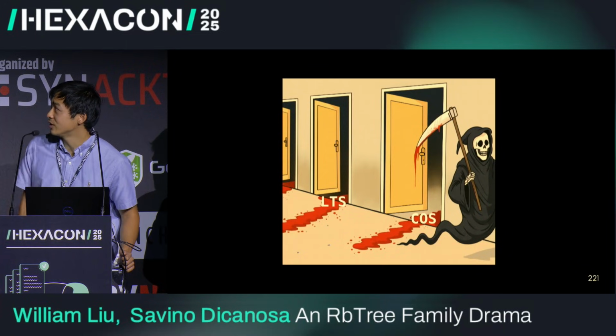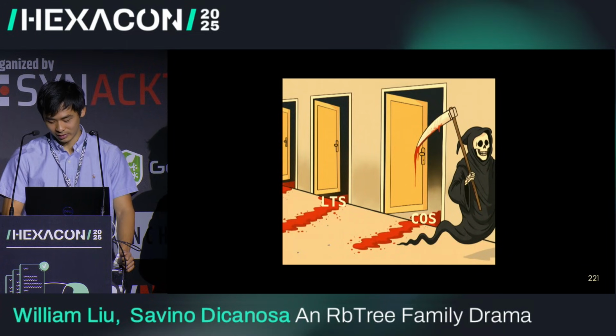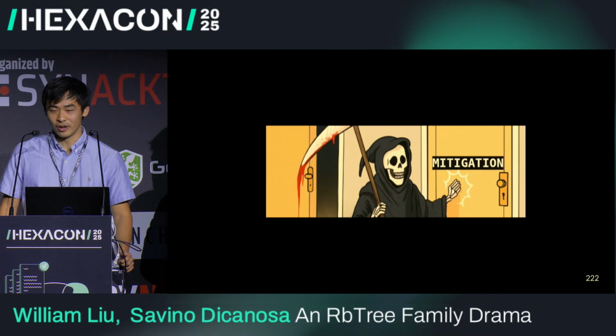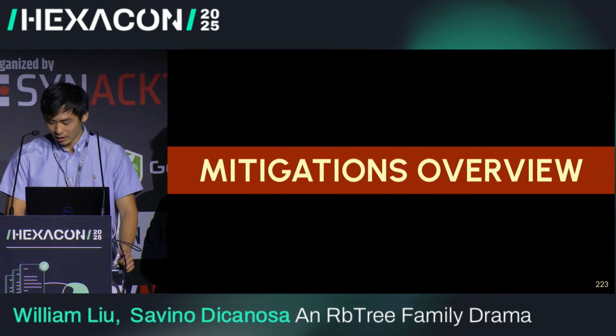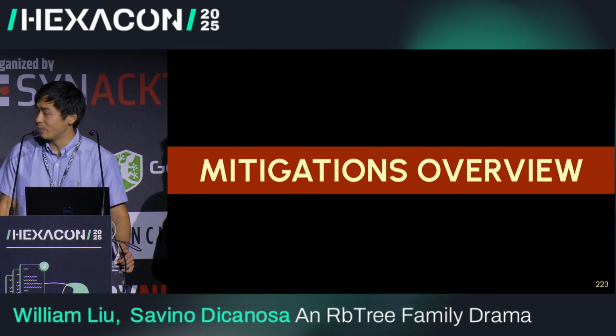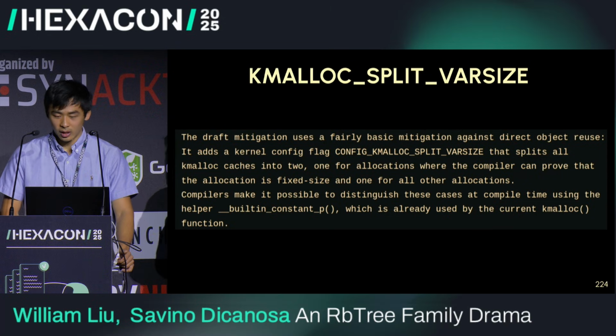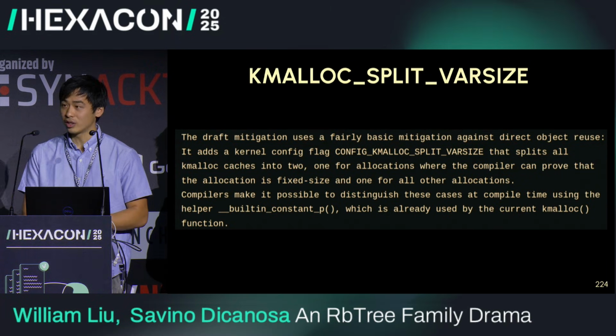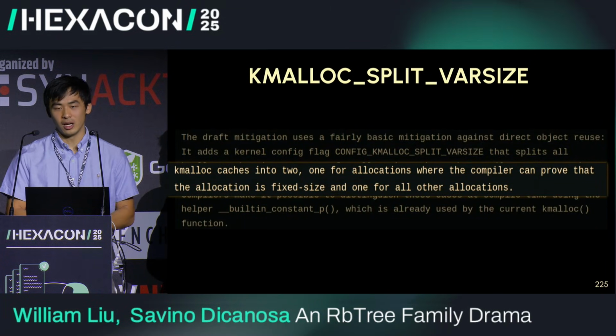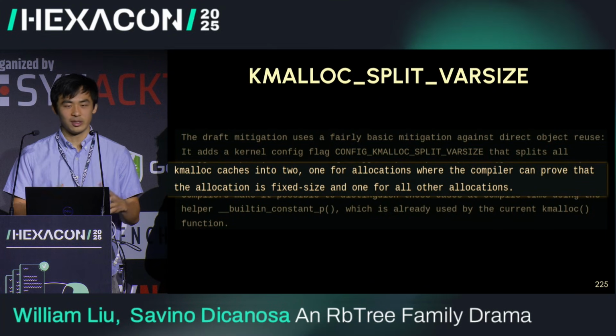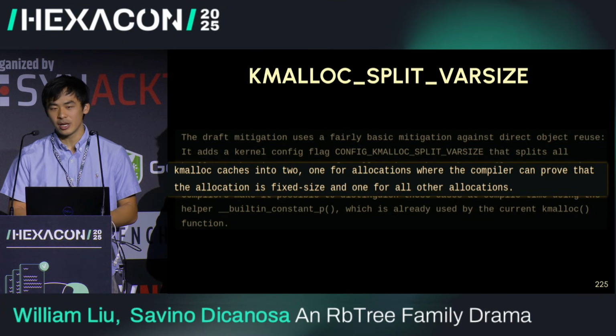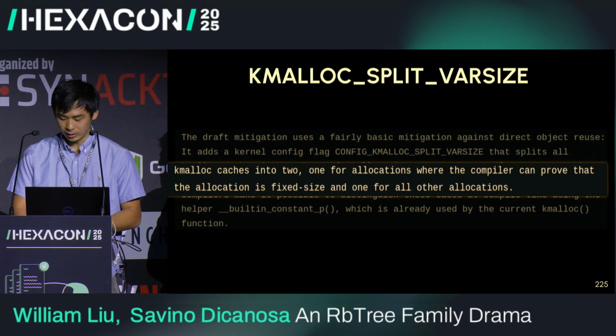Now, we killed LTS and we killed COS. Who's next? Knock, knock, mitigations, you're up. Let's look at what mitigations Google decided to bring upon us. The first one on the list is kmalloc split var size. Basically, when you allocate objects, they want to separate objects of a known compile-time size from those of a runtime-determined size.